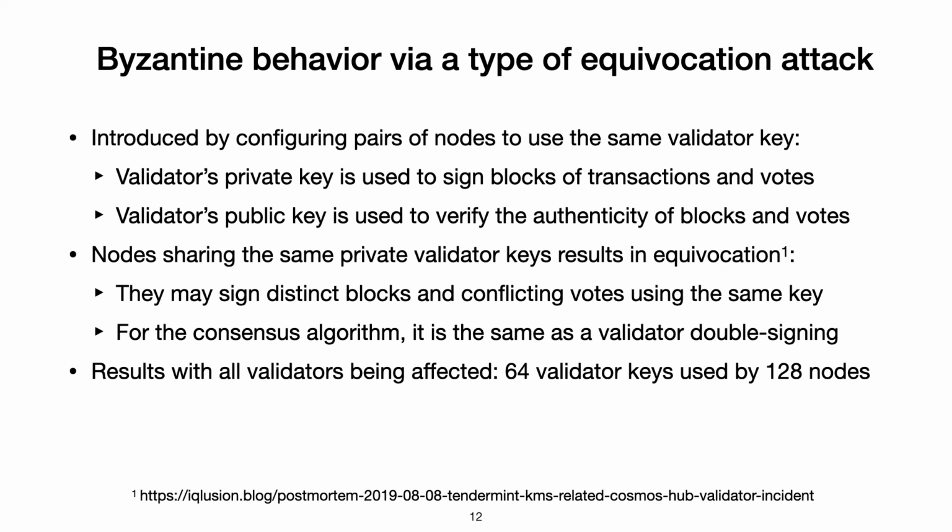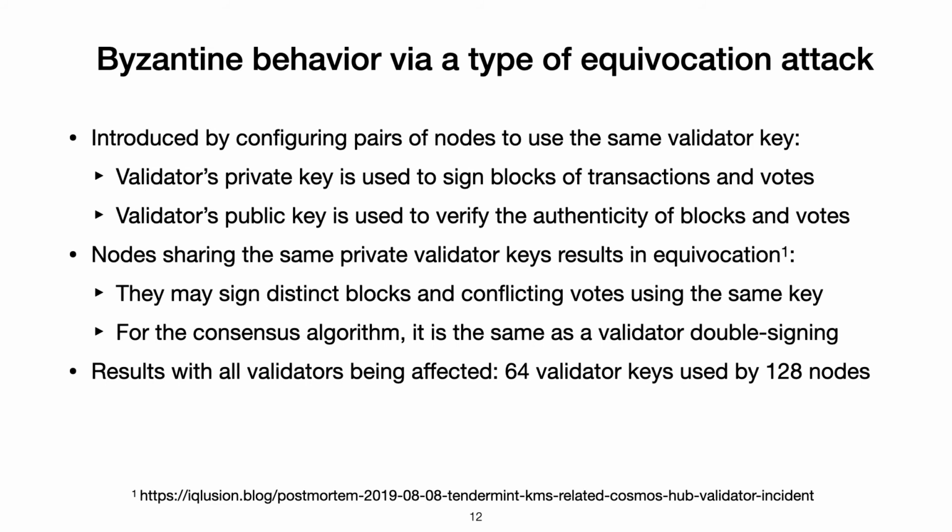This actually already happened in production with Tendermint in the Cosmos Hub network as a result of a configuration mistake. The link to the blog post is present in the slide. When two nodes share the same validator key, they may propose and sign different blocks of transactions in the same instance of consensus, and cast conflicting votes for different blocks in the same round of consensus.